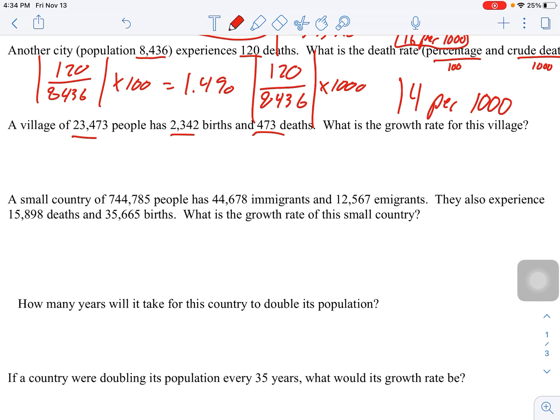This is population growth rate, so we take our total population on the bottom, and you'll remember that growth rate is births minus deaths. So it's 2,342 births minus 473 deaths, and then we multiply that by 100. And that's going to be the answer here. So let's do that in our calculator.